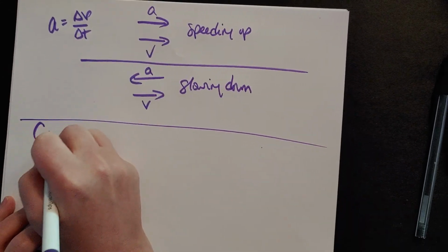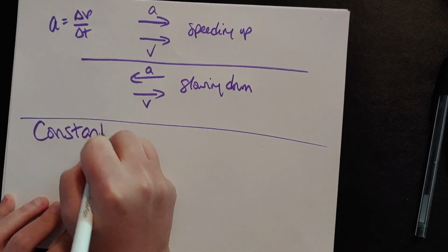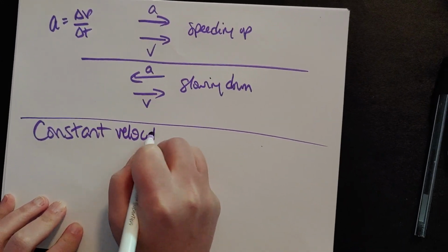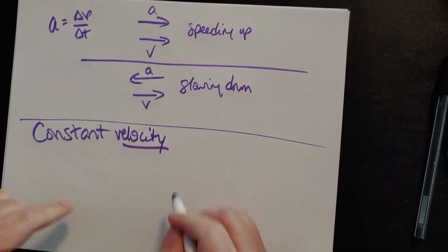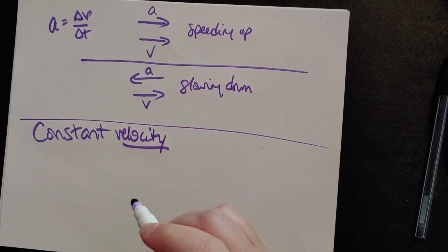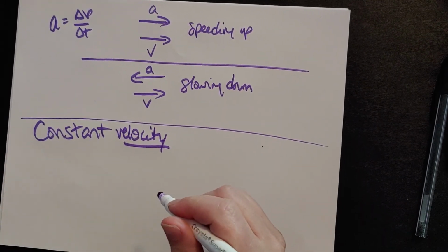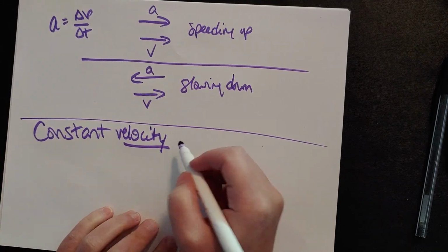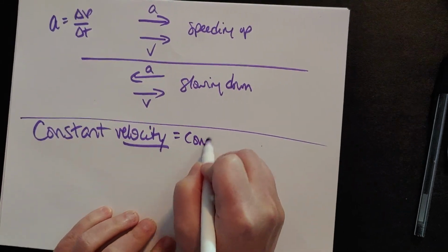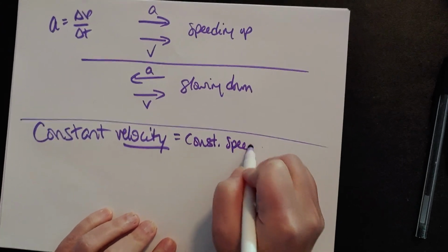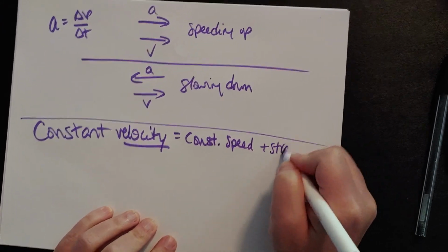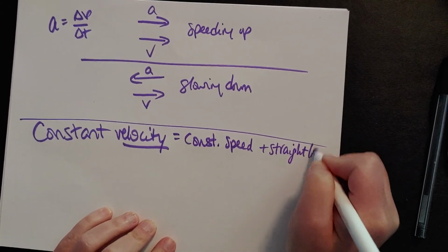Constant velocity. All right, what is constant velocity? Velocity is a vector. Velocity is a speed in a certain direction. So constant velocity means not just a constant speed, but also a constant direction, otherwise known as a straight line.